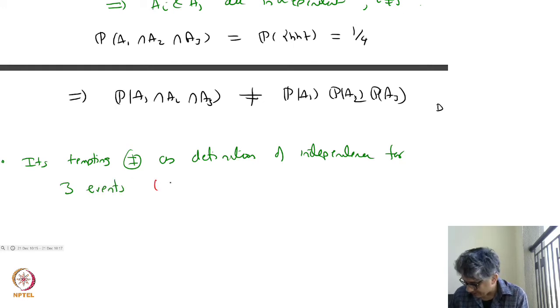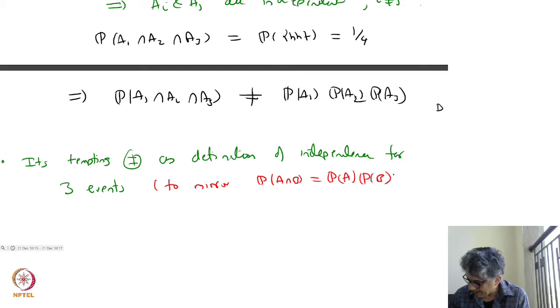This is because it mirrors probability of A and B equal to probability of A times probability of B for A and B independent.